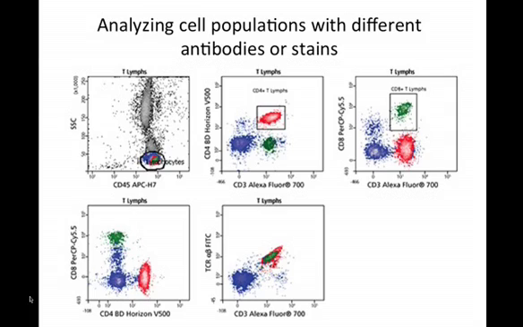In this case, they first found all their lymphocytes because they're CD45 positive. They used an antibody to stain all the CD45 positive cells, and then looked at their side scatter, and so they got these two populations.